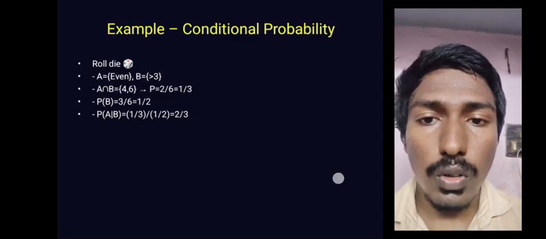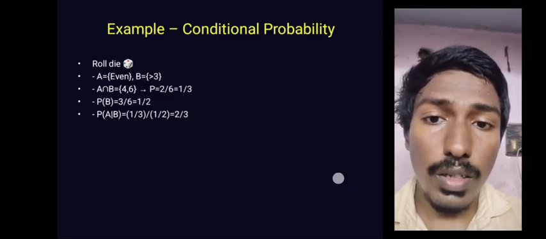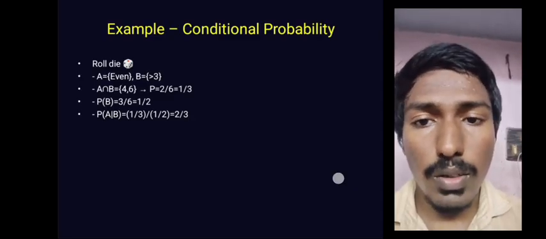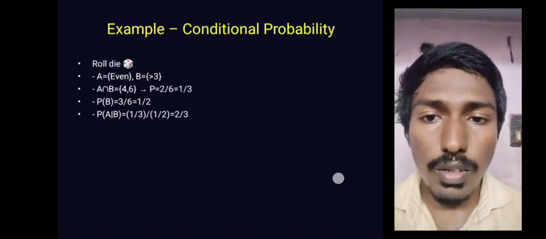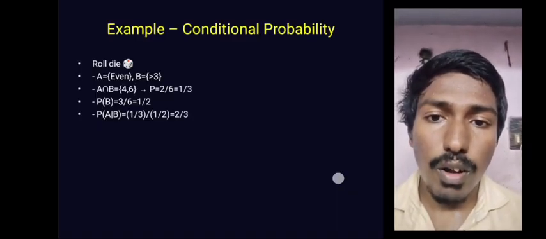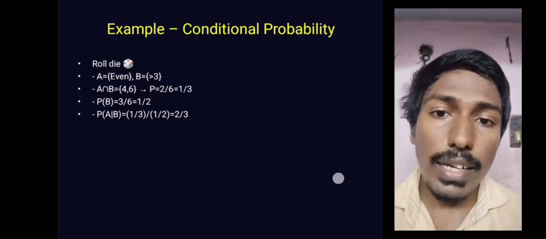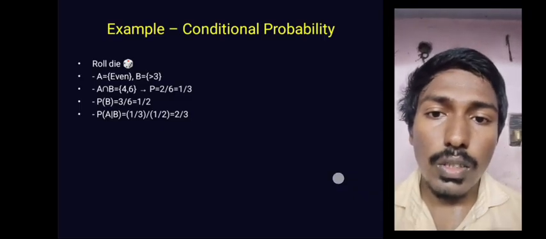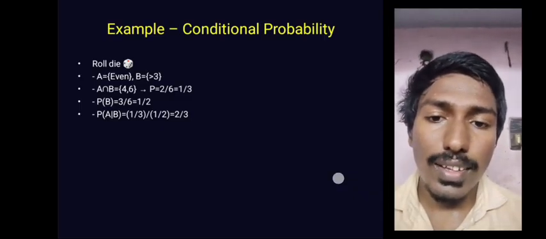Then we calculate P of B, which is 3 by 6, equal to 1 by 2. So P of A given B, an even number greater than 3, using the formula, is 2 by 3.